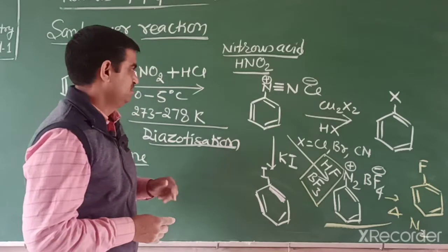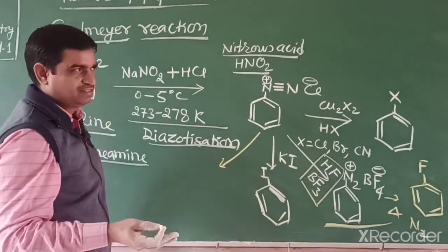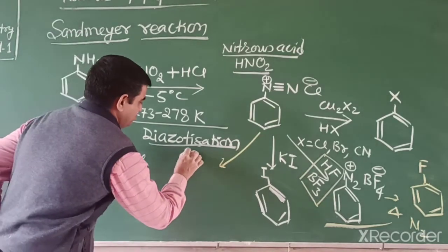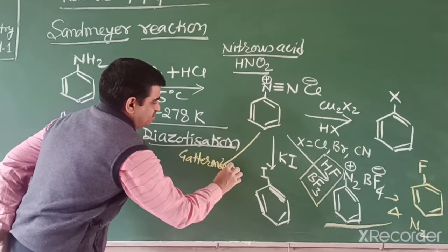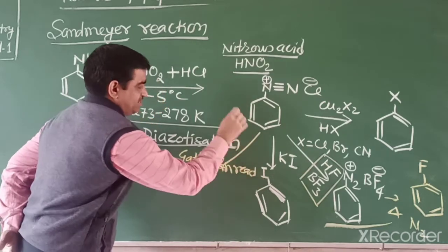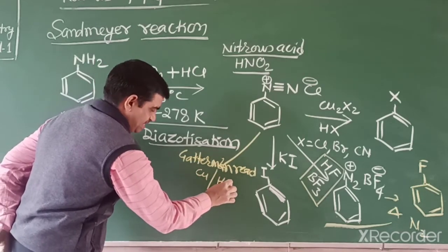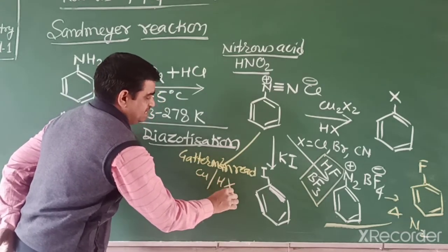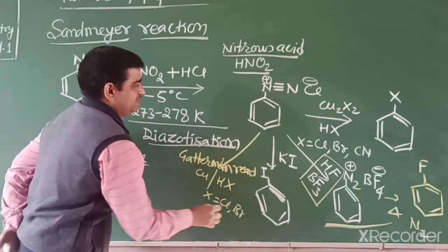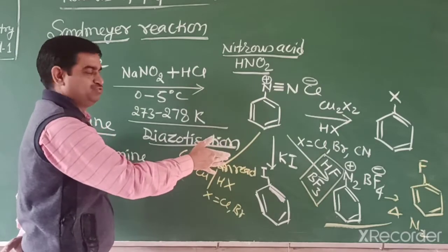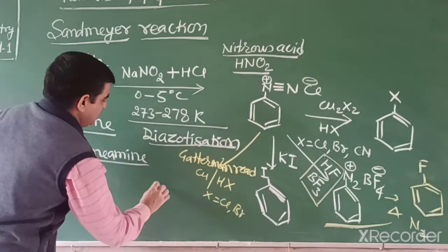We can make another reaction, that we will discuss in the next chapter, that is the Gattermann reaction. In that reaction, what happens? We use copper and hydrogen halide, HCl or HBr, HX, means either chloride or bromide. We can convert the diazonium salt into chlorobenzene, bromobenzene using copper plus hydrogen halide.